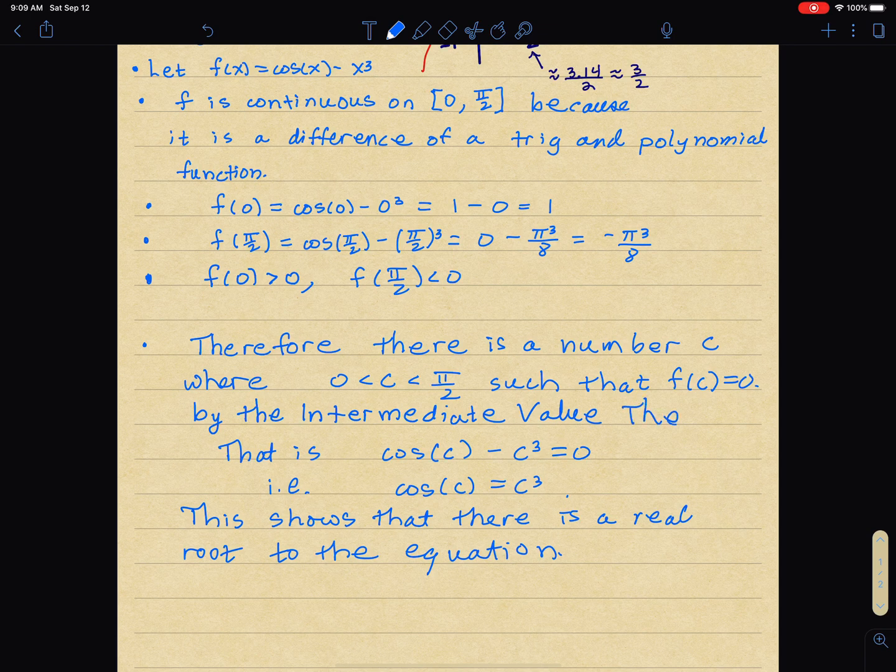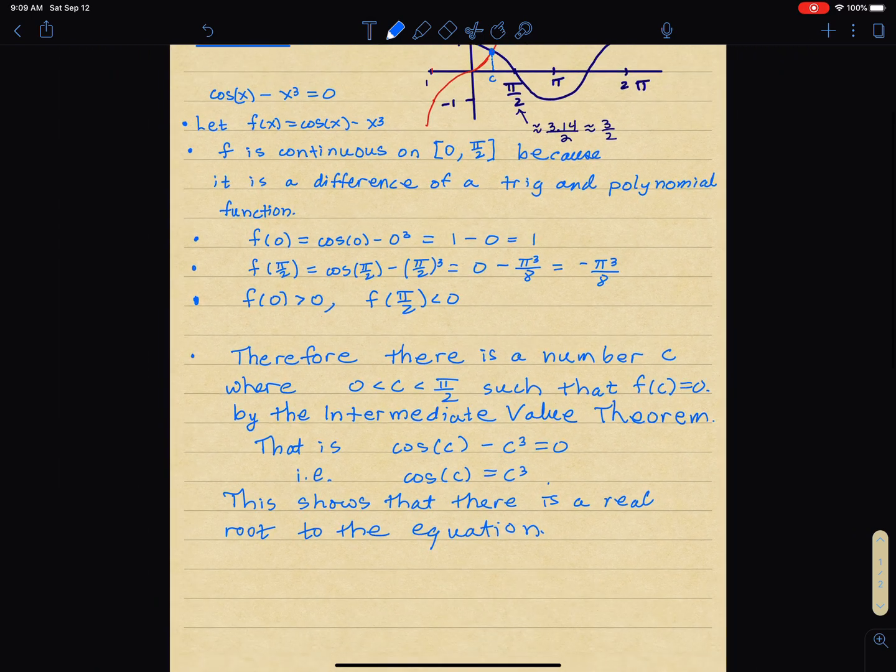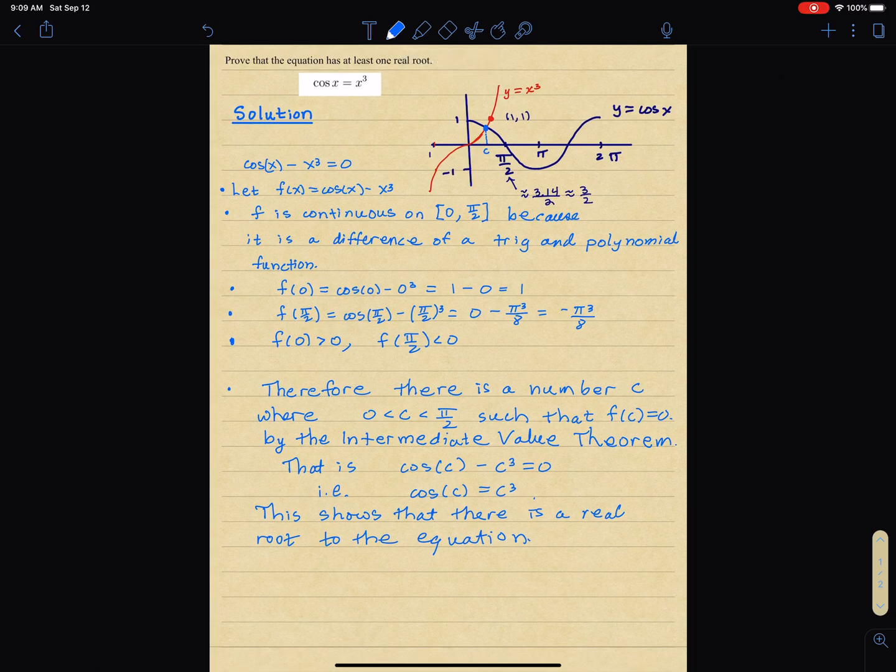But I could say that the implication of the intermediate value theorem is that if I have a function continuous on a closed interval, meaning an interval that includes its endpoints, and at one endpoint the function is positive and at the other endpoint the function is negative, then somewhere in between, between 0 and pi over 2, there is a number such that the function equals 0.